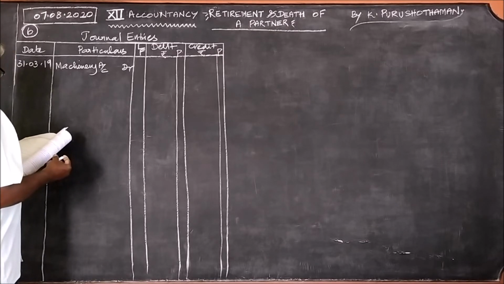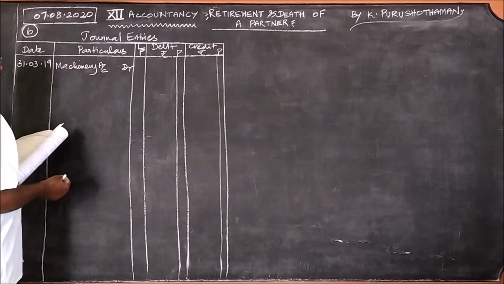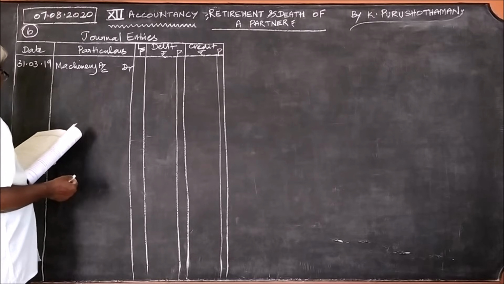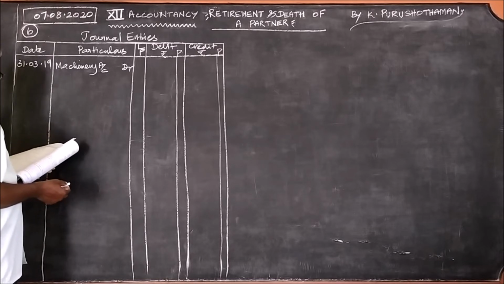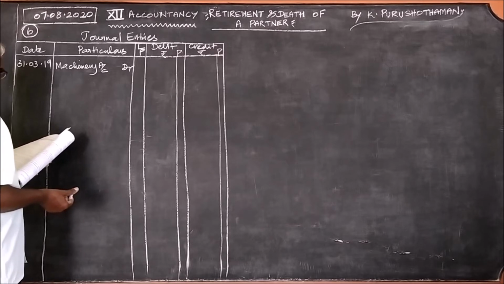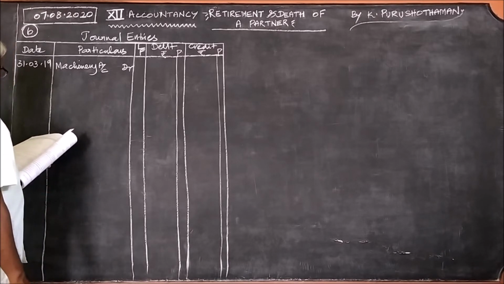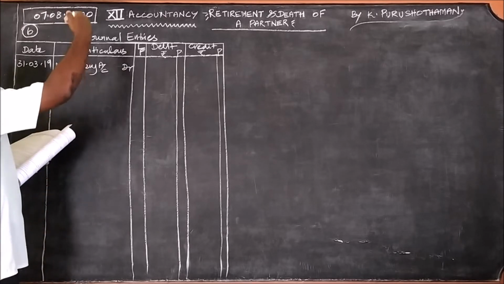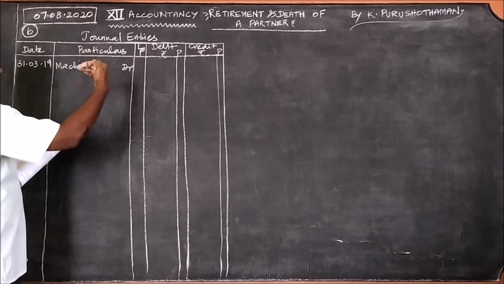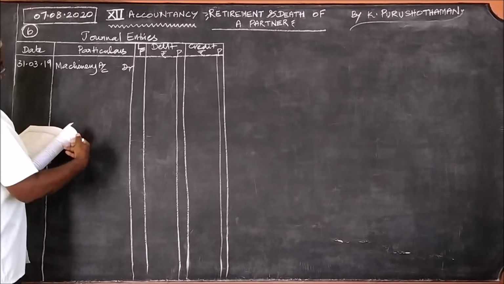The second one, value of furniture brought down by 10,000. So it is a loss item. The third one, provision for doubtful debts should be increased to 5,000. Value of furniture, the asset value is decreased, therefore it is a loss.